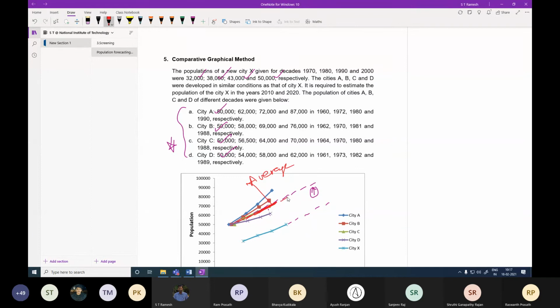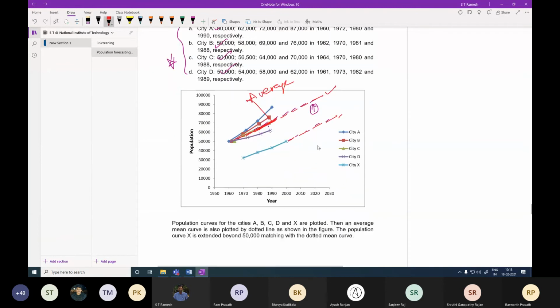Then you just extend that line. This is the unknown city with a known population, and now you extend it parallel to the average line of the 4 cities. Is it okay? Then you can find out what will be the population of 2021, 2031 and 2041. Is it fine?